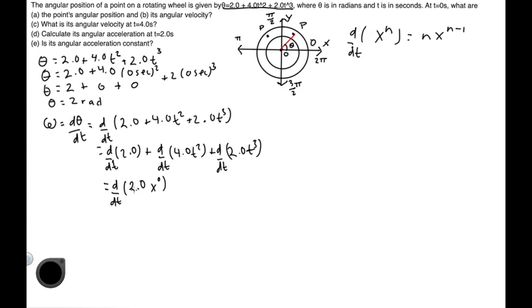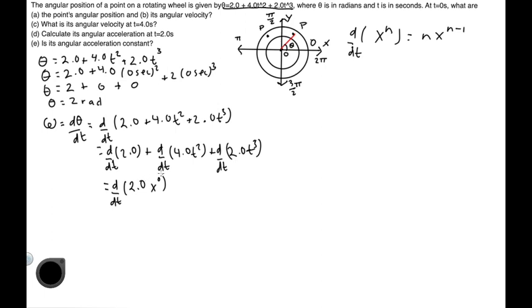So 2 times x to the 0 power is just going to give us 2 in the end. If we were to bring down the 0 and then subtract 1 from the exponent, it would just give us 0 times 2 times x to the negative 1 power.